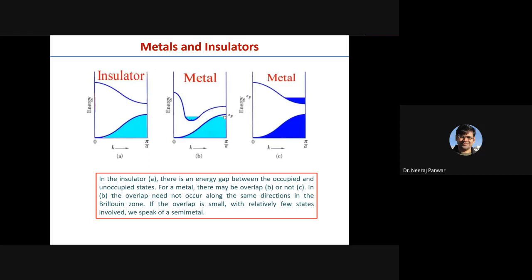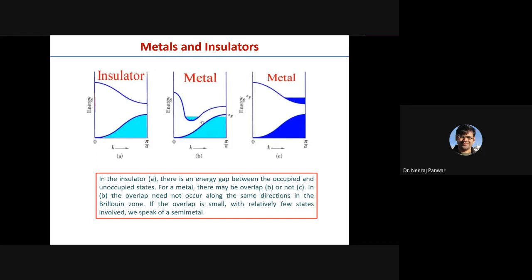This means we have some empty states just in front of the filled states. Therefore, electrons can transfer from these states to the empty states. Such an E-k diagram belongs to what we call semi-metals.